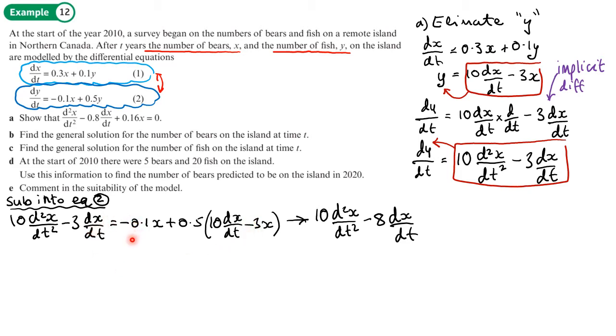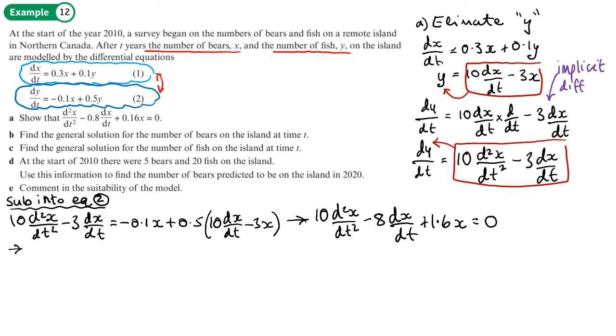So I'm going to have 1.5 plus the 0.1, so I'll end up with plus 1.6x equals 0, and I think you can see if we then divide everything by 10, we'll get the form as required.